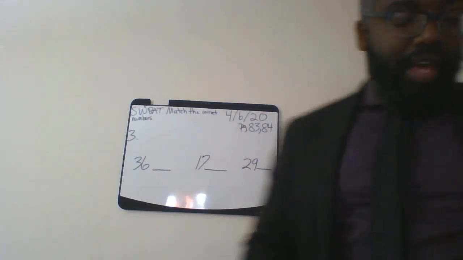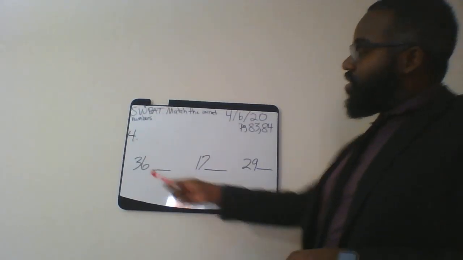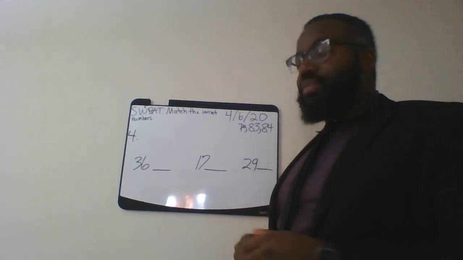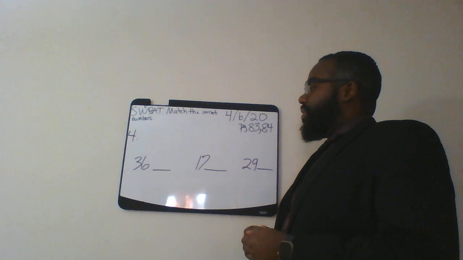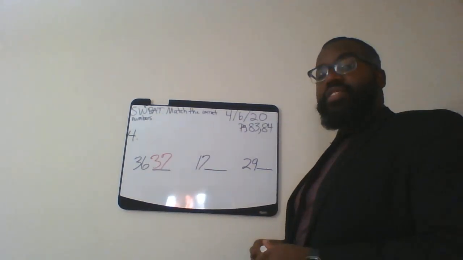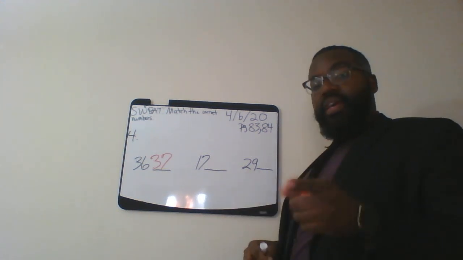Number 4 simply asks us to write the before and after numbers. I wrote a few examples on the board for us. So let's start off with 36. What comes after 36? By 1. What comes after 36? Good job. 37. 36, 37. Now let's work with 17. What comes after 17? 18.